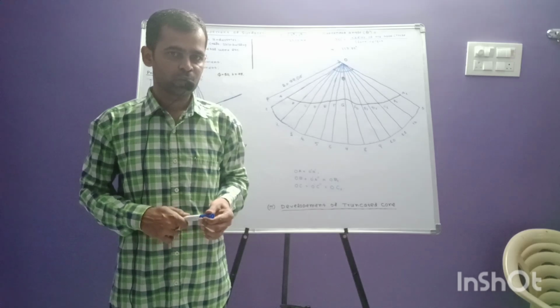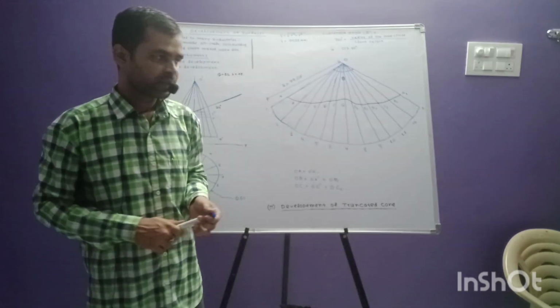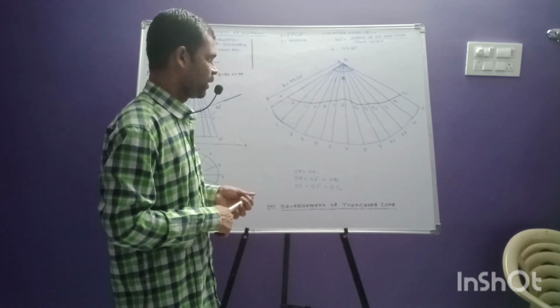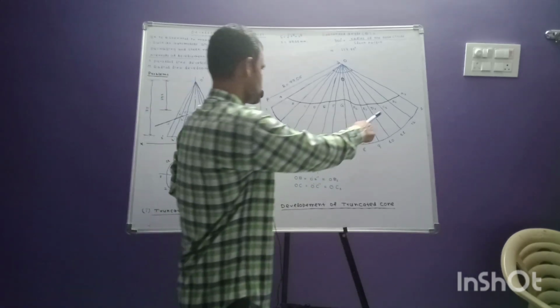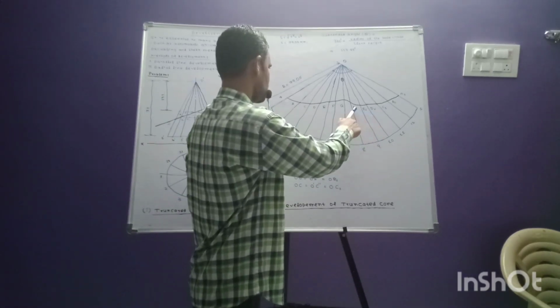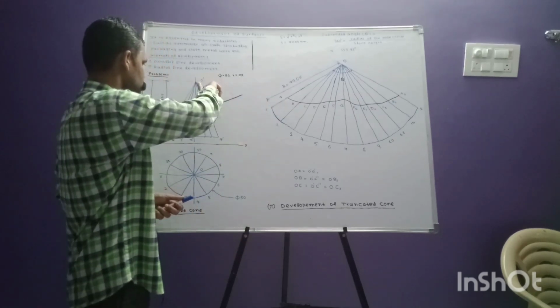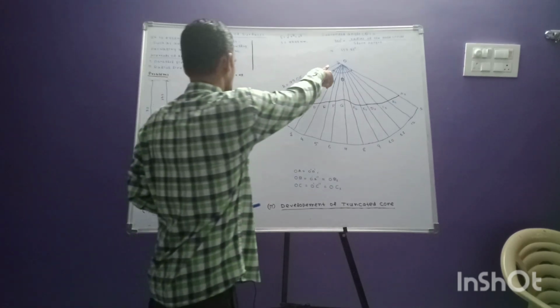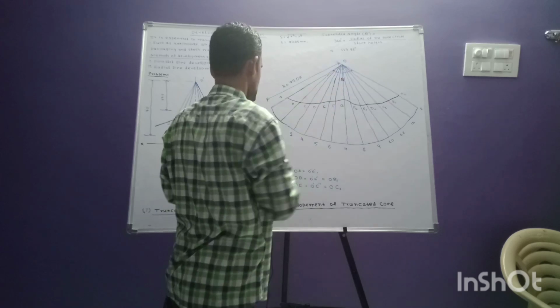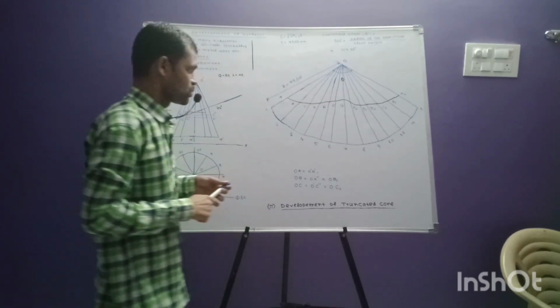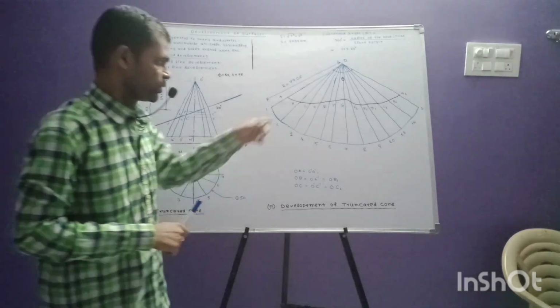That will be the true length. You can easily get points B, C, D, E, F, G, and A1, B1, C1, D1, E1, F1. O is center, take this length and draw an arc on these lines O2, O3, O4, O5, so that you can get these points.